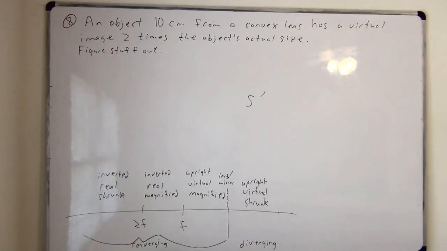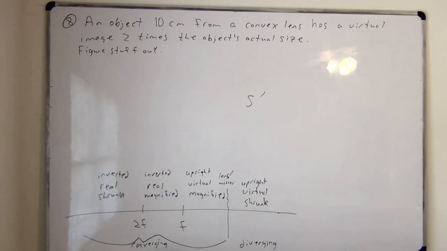I don't know. S prime is positive when it's on this side of the lens. When the image is on the left? When the image is on the left.